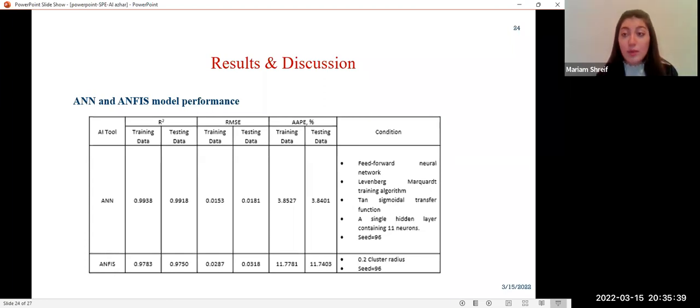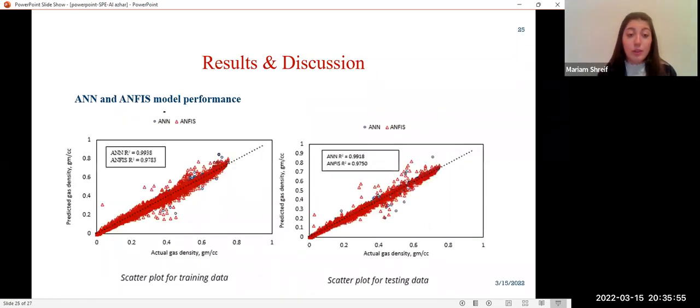Now the average absolute percentage error for the ANN training data was about 3.85, and for the ANFIS it was about 11.77. From the scatter plot, we can see that the coefficient of determination for the ANN training data was higher than that of the ANFIS data. So we can conclude that the ANN performed better than the ANFIS model, or the adaptive neurofuzzy inference system.